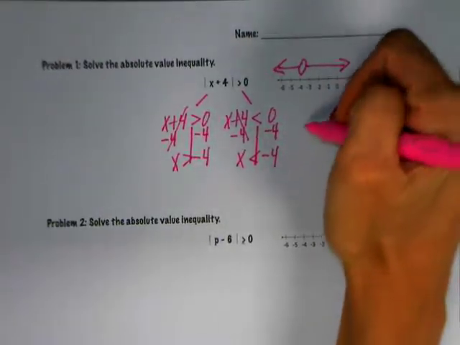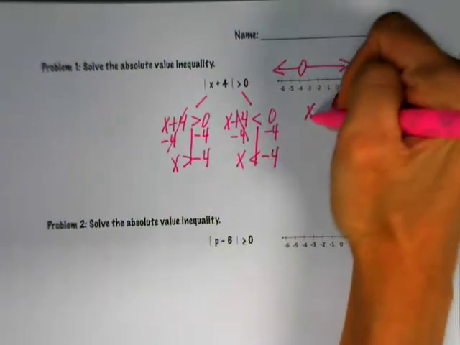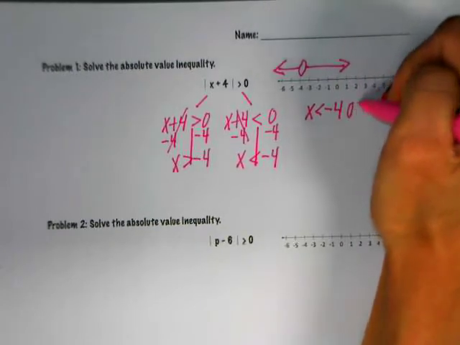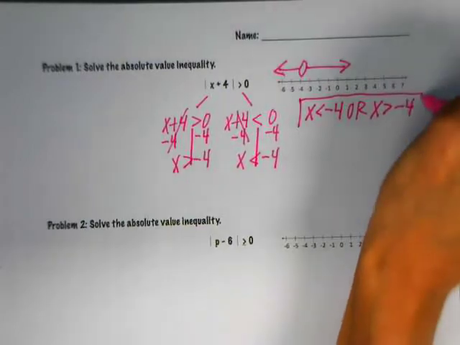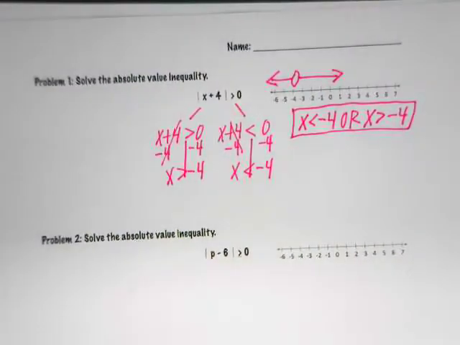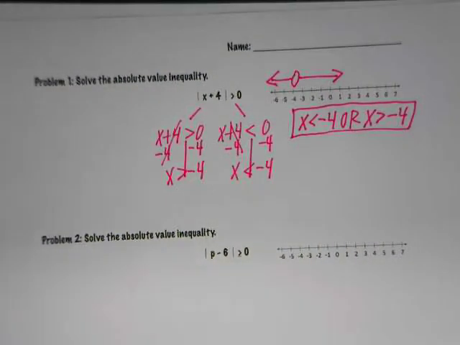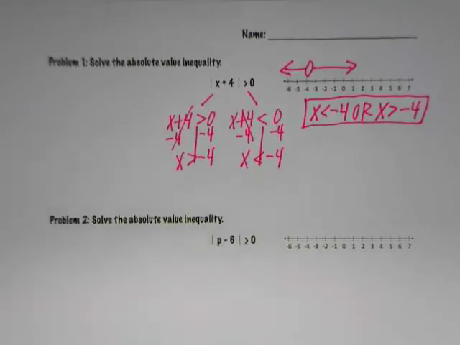So remember, we write the less than one first: x is less than negative 4, or x is greater than negative 4. So if you don't have no solution or infinite solutions, your answer is always going to be an and or an or. What's the difference between and and or? And is when they go towards each other, like it's between two numbers, or is when they're going away.